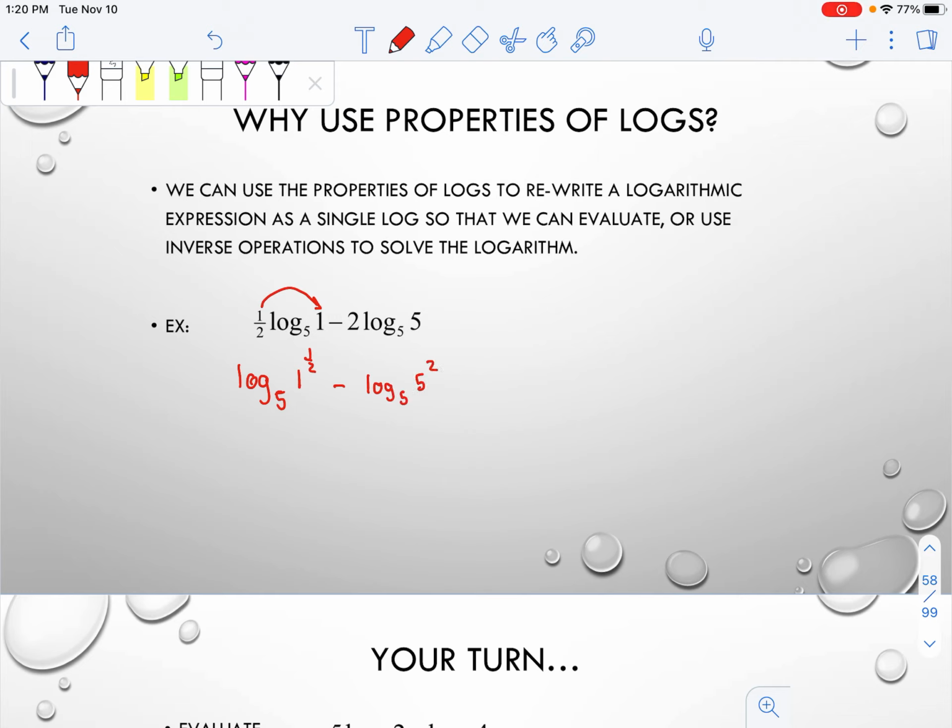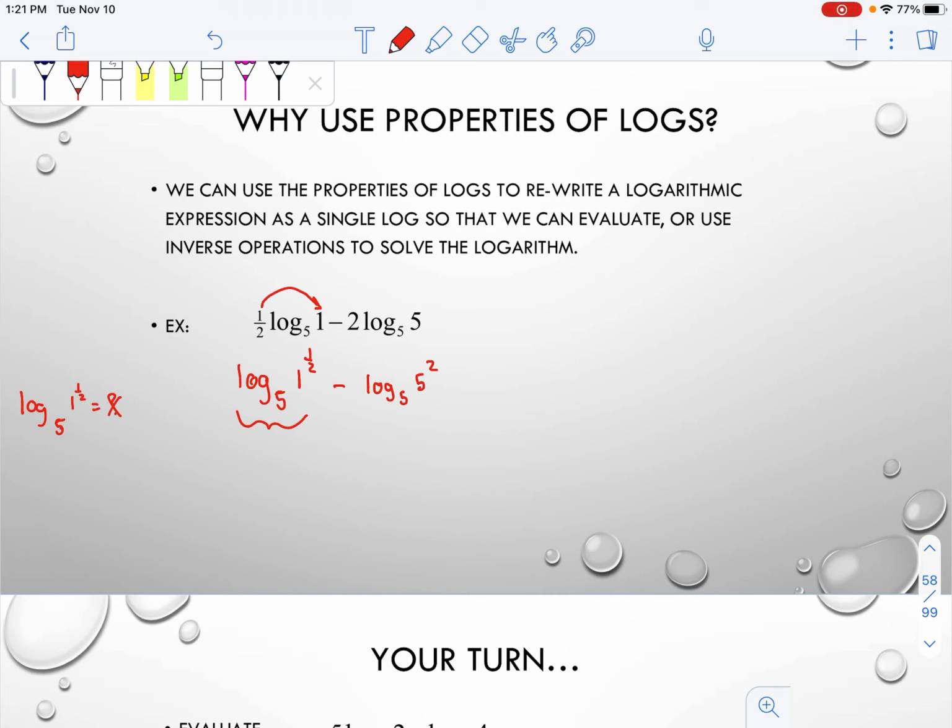Okay, now what I'm going to do is focus on this all by itself. So I'm going to take log base 5 of 1 to the 1/2 power, and I'm going to do my log trick to exponential. So just off to the side here, I have log base 5 of 1 to the 1/2 equals what?